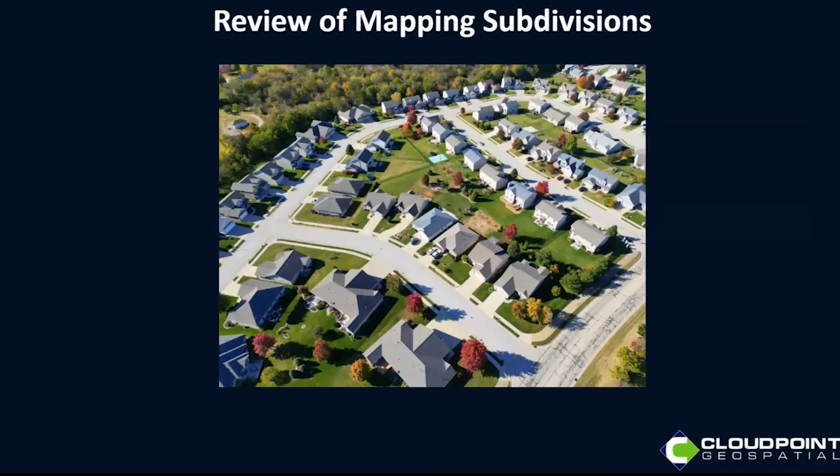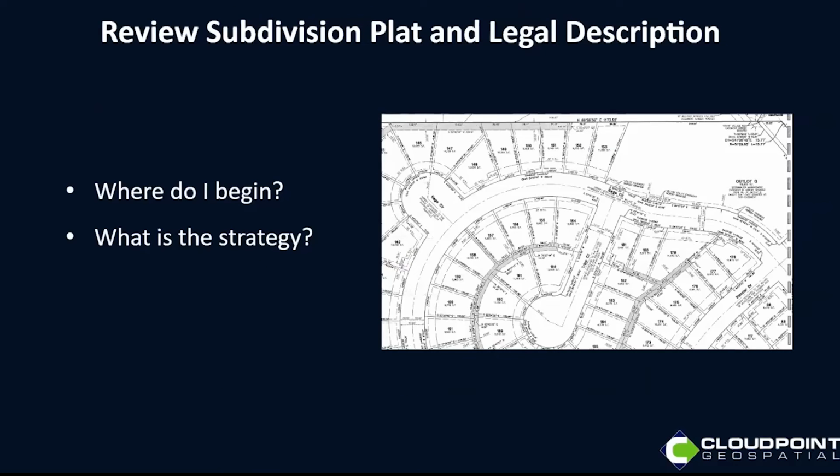Step 1 with that mapping process is reviewing your subdivision plat and legal description. One question you might ask is, where do I begin? So you need to find out either on the plat or in the legal description where your point of beginning is and go from there.